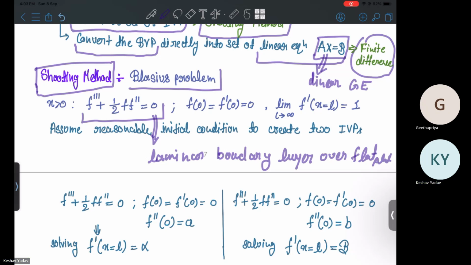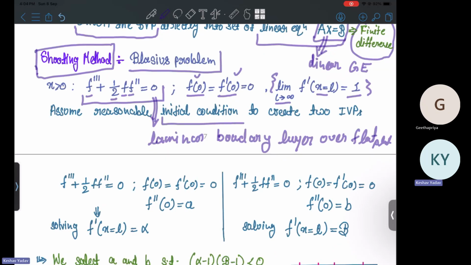So this is the governing equation of the laminar boundary layer over a flat plate: f''' + (1/2) f f'' = 0, and we have f at x = 0 is 0, f' at x = 0 is 0, and as L tends to infinity, f' at x = L is 1. So this is our problem. These are initial conditions, and this is a boundary condition. I want to convert it into an initial value problem.